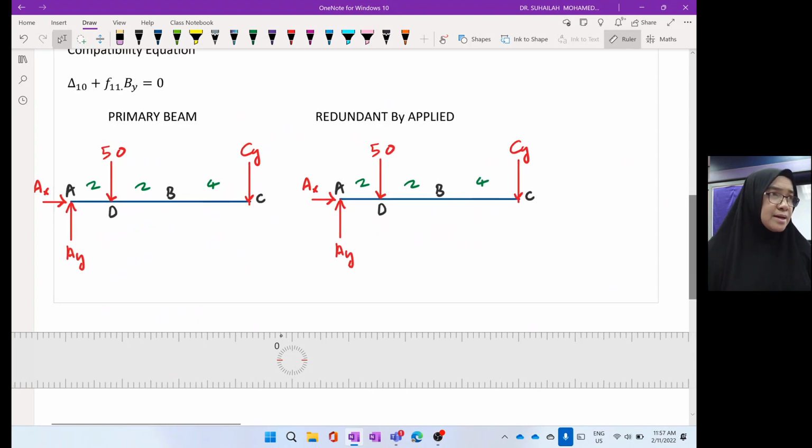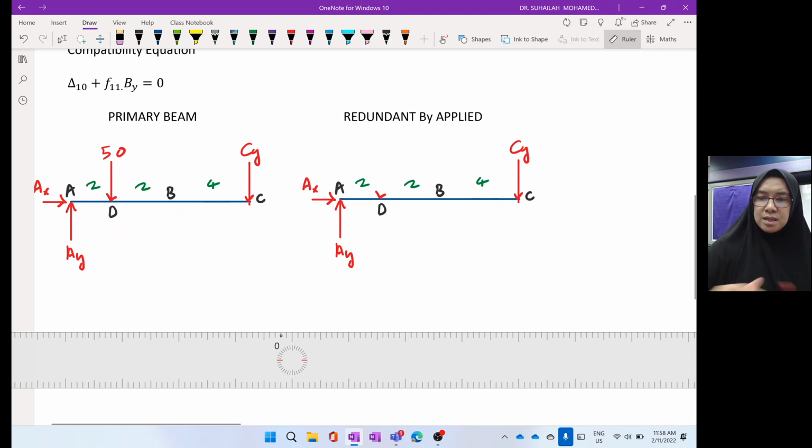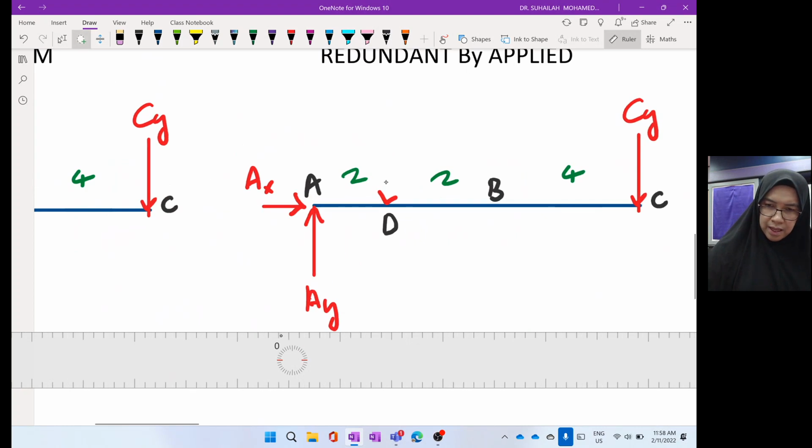Okay, for the redundant beam, remember it is the same type of beam. The difference is only due to loading. When you draw the redundant beam, make sure that you remain the supports, so just redraw the primary beam without loading.